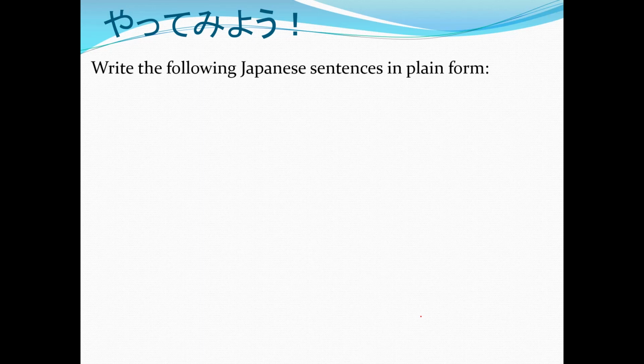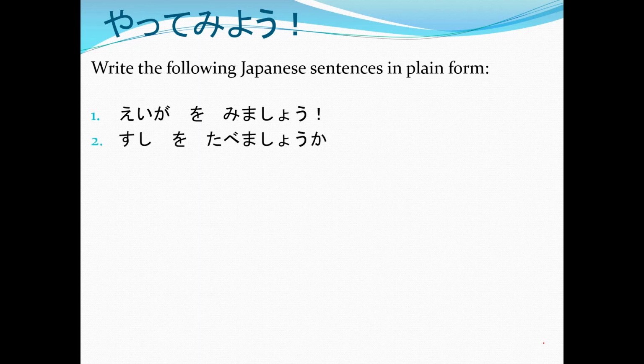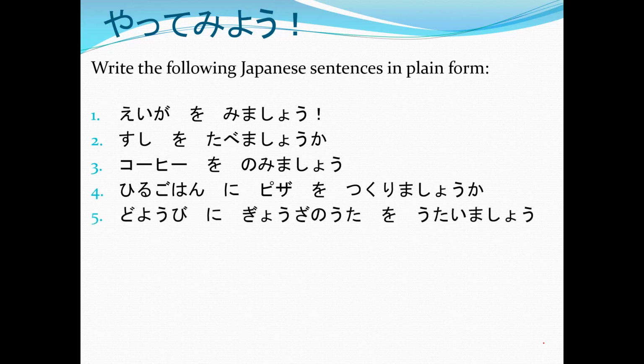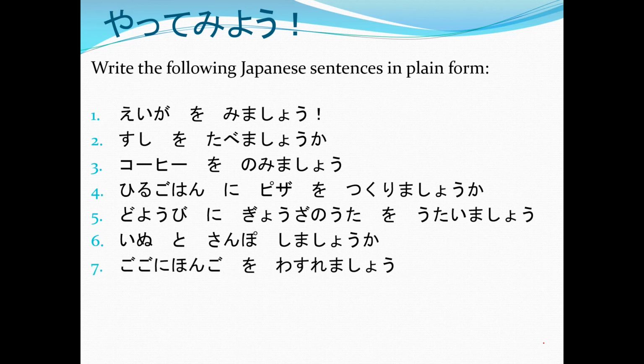Seriously, Jia, it's your turn to have a crack. Write the following into plain form. Eiga o mimashou, sushi o tabemashou ka, kohi o nomimashou, 昼ご飯にピザを作りましょうか。土曜日に餃子の歌を歌いましょう。犬と散歩しましょうか。午後日本語を忘れましょう。But please don't!